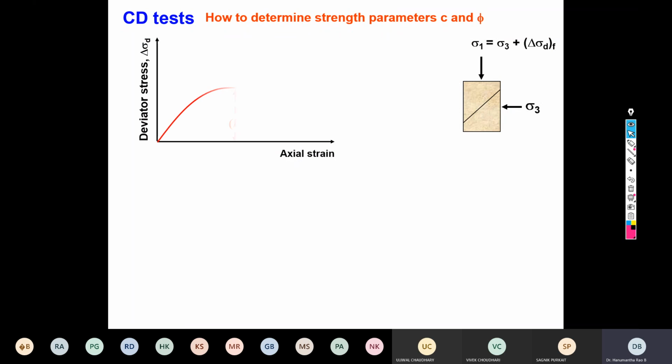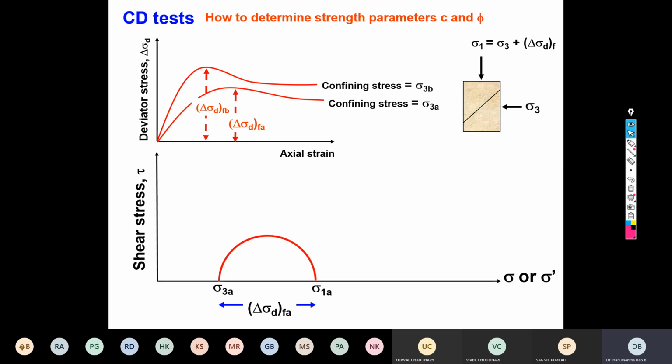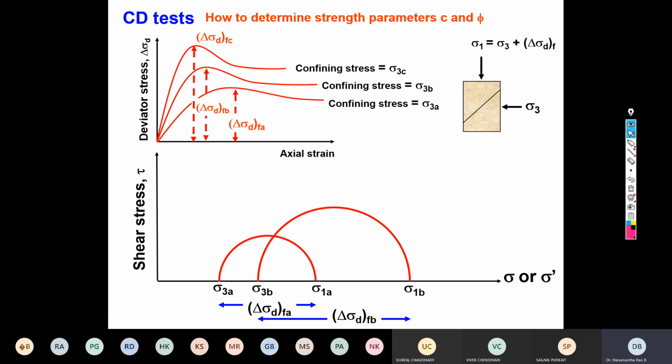So then how to determine the shear strength parameters? Here also we are going to conduct the triaxial testing on 3 samples corresponding to 3 confining pressures. So obviously what you get is 3 Mohr circles: confining stress 1, confining stress 2, and confining stress 3.